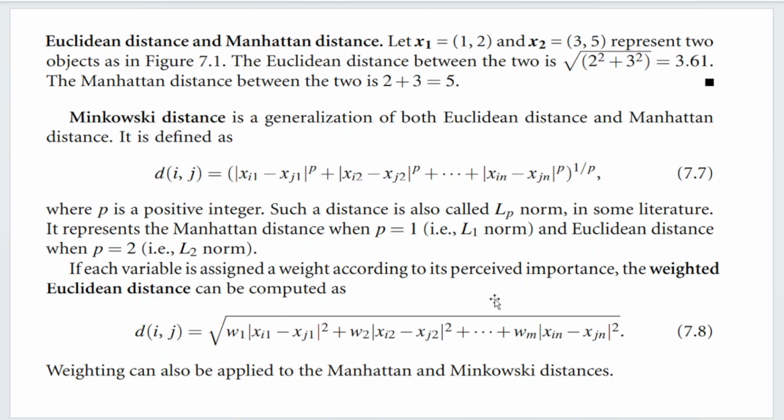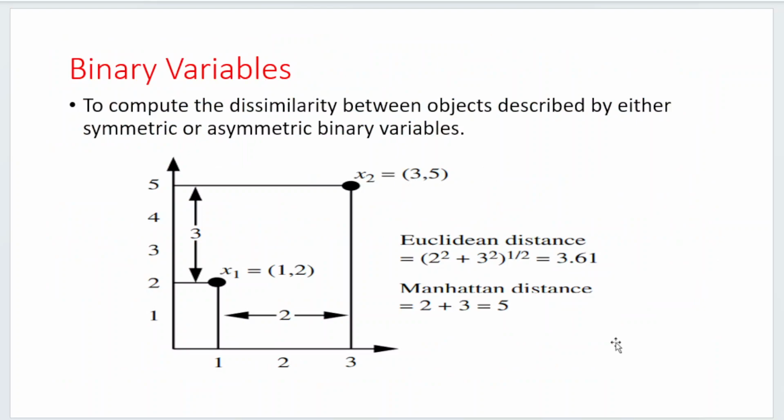Here, if any weights are there, then in such cases also we can calculate the Euclidean distance. Weights can be represented by w1, w2, w3, like that. So this is the equation for calculating when each variable has been assigned a weight.